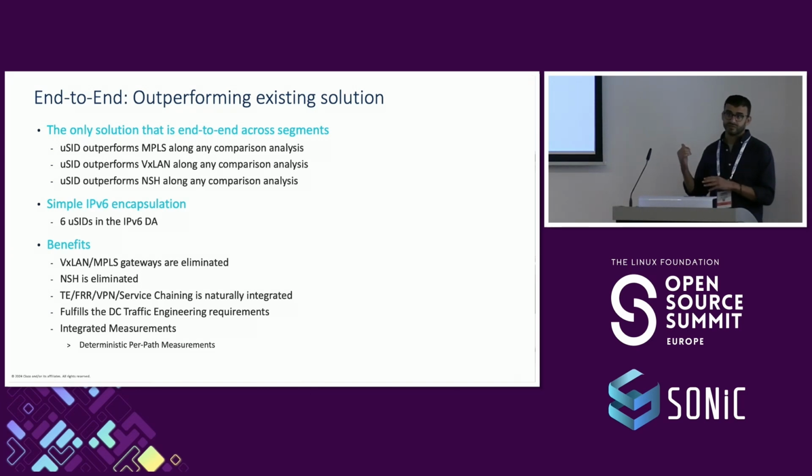If you look at the presentation that I left you in the previous slide, you will see all of the factual data points about this. Simple IPv6 encapsulation, you don't need anything more. And with this, you remove all of the unneeded complexity of gateways, etc. And the part that is very interesting, and we will talk more about this at the next OCP conference, is the integrated measurement.